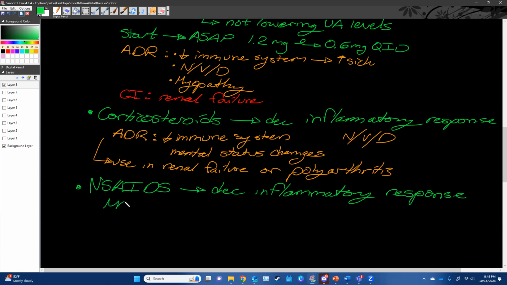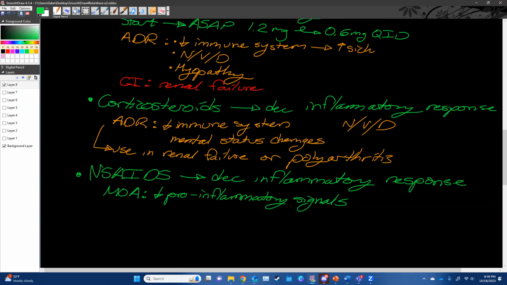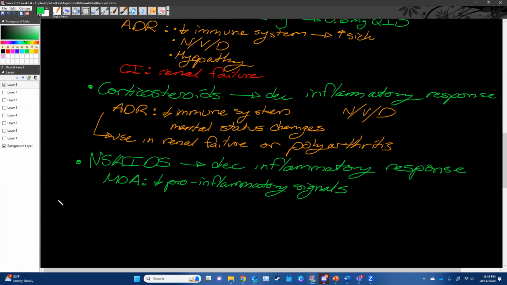In NSAIDs, the mechanism of action is a little bit different, where we're decreasing pro-inflammatory signals, things called interleukins, and the benefit of using these is that they can provide relief generally more consistently and faster than colchicine in some cases.